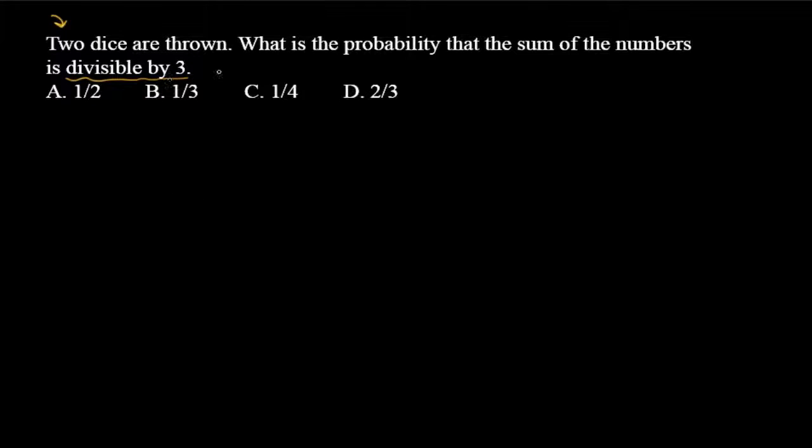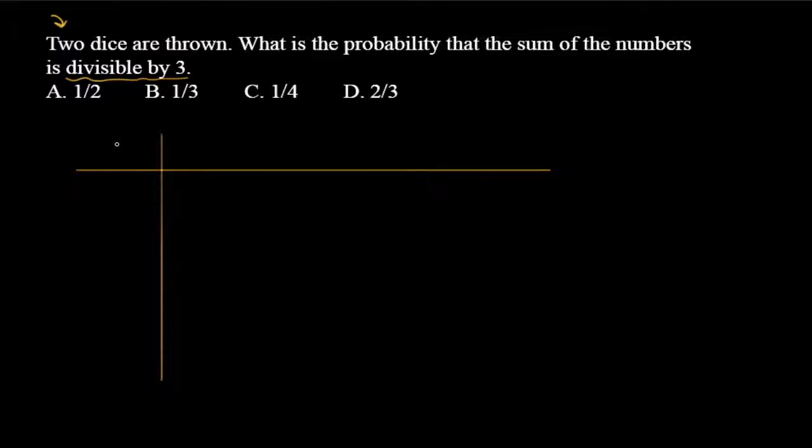Well, to do this, let's draw a table below so that you understand the problem very well. Let's say we have a table here. Let me call this side die 1, and the other one die 2, for the second die.